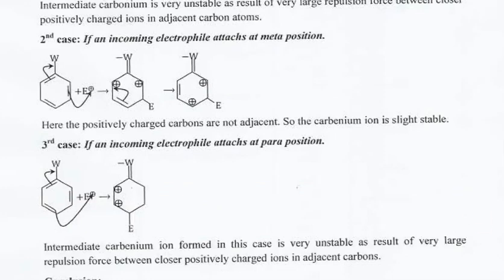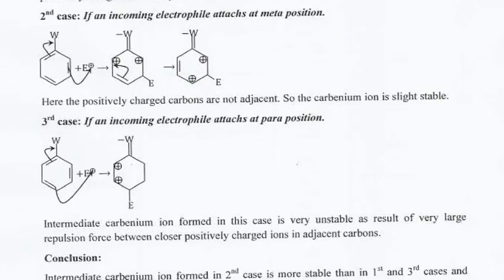But if an incoming electrophile attach at meta position, unaona at meta position finally tunakuwa tuna carbon yule pale ambaye ni positive charge, tunakuwa na electrophile positive charge nyingine ile pale. Kwa unaona tuna two positive charges, lakini tunakuwa tuna positive charge ambazo ziko kwenye carbon atom ambazo zimekuwa separated, carbon atom ambazo sio adjacent.